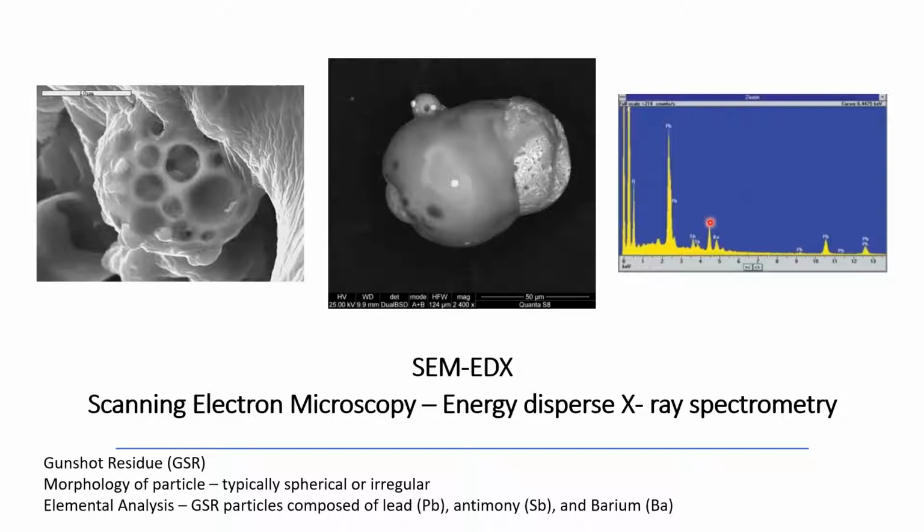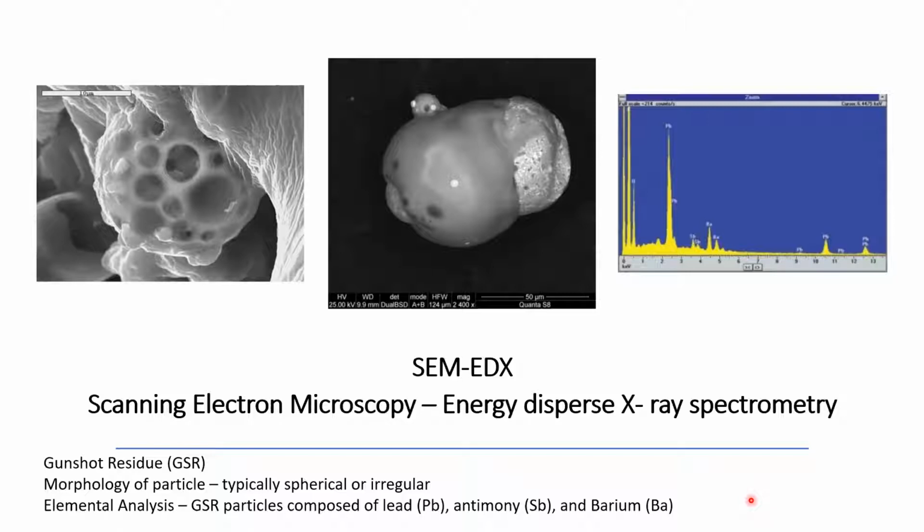So then you can really say, yeah, this is a GSR particle found on this individual's clothing or hands or whatever it is. So that's another way of how you can use this microscope in a laboratory setting. And it's quite powerful and it gives you a lot of information, especially for trace evidence. When you really aren't sure what you're looking at, you can get a lot of information using this microscope.